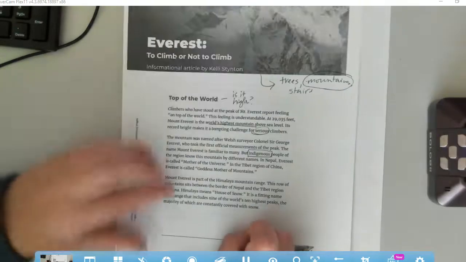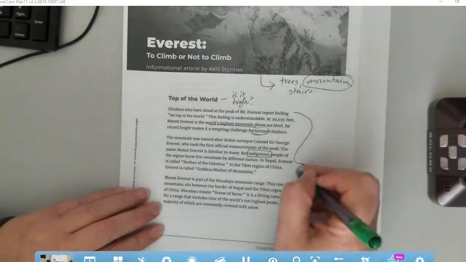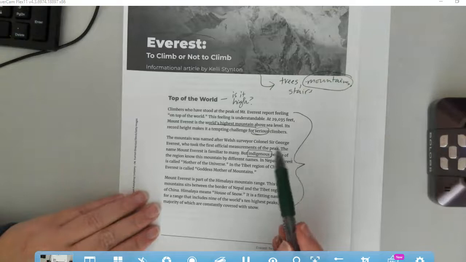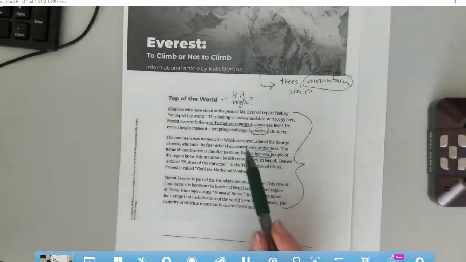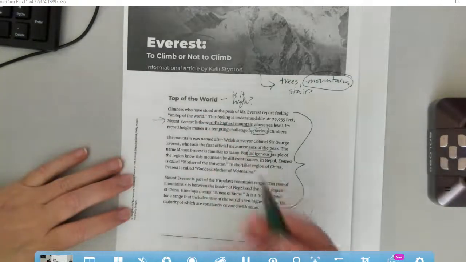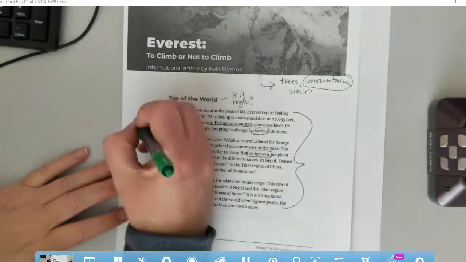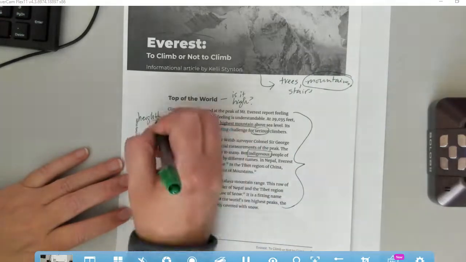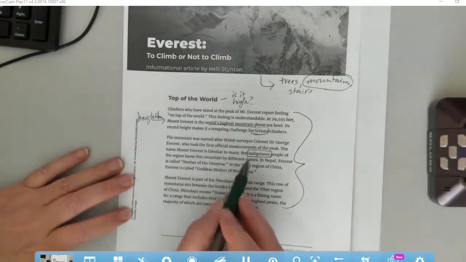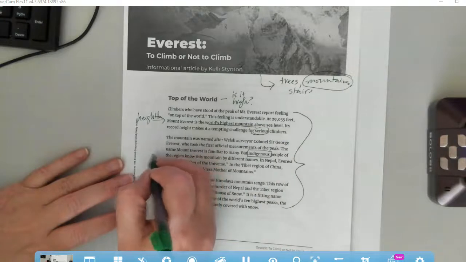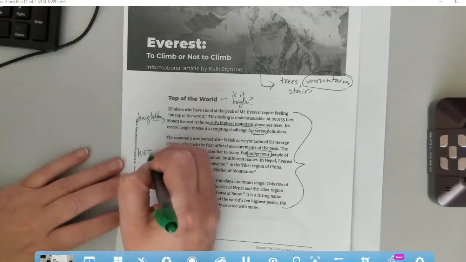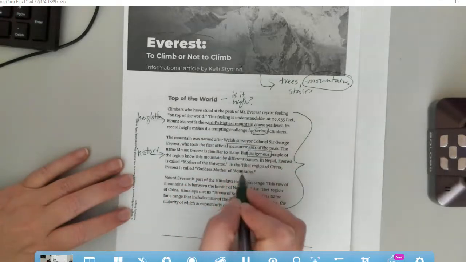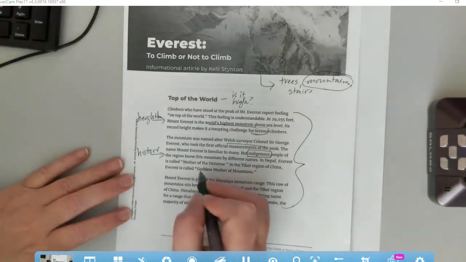So if I were to think about this piece of text, it's titled Top of the World, but right here, it's talking about the height. And then this one is the history of it, because it was who it's named after, what people call it.